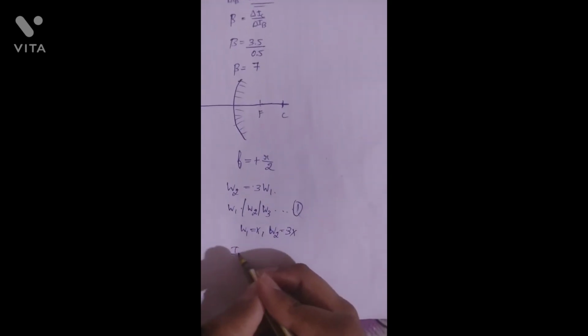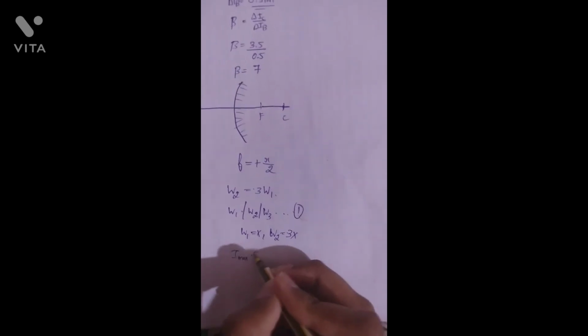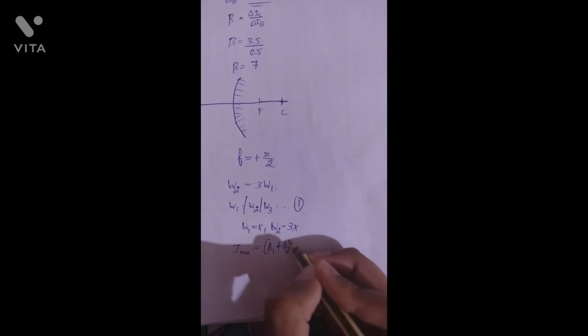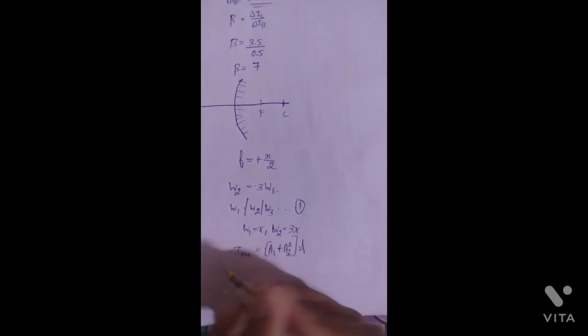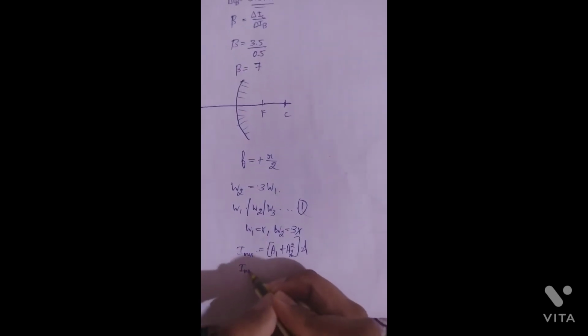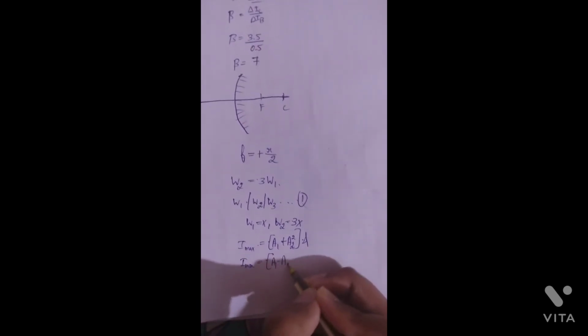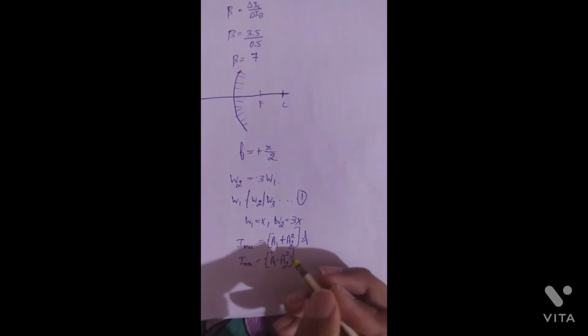First, I max is a1 plus a2 whole square, and I minimum, the net minimum light, will be a1 minus a2 whole square.